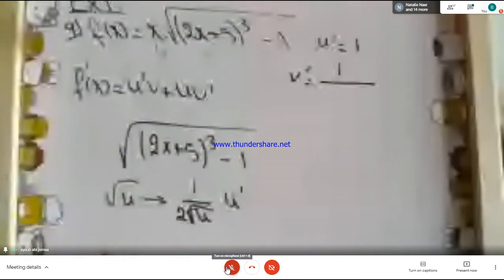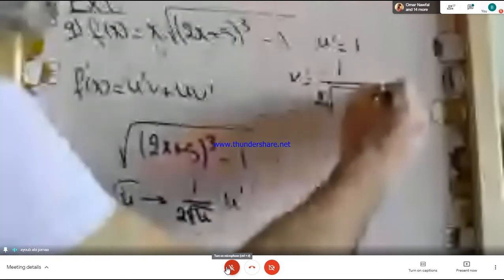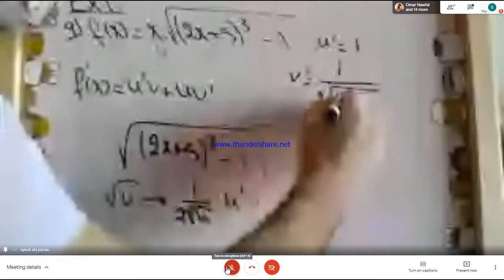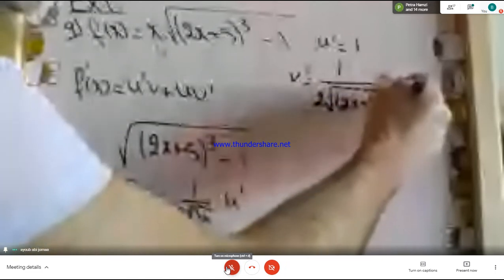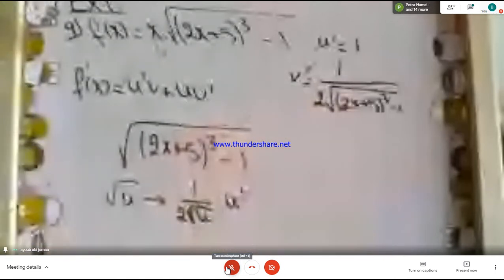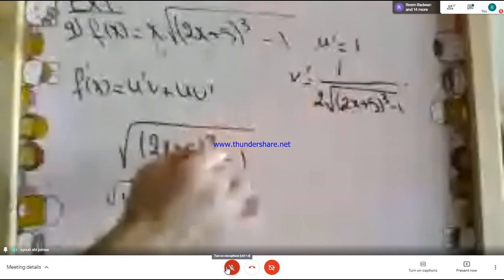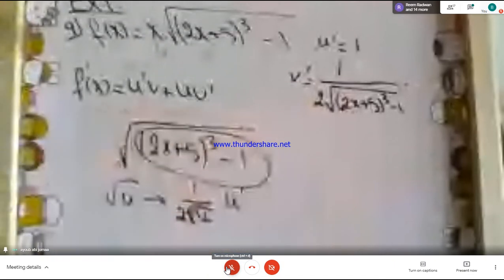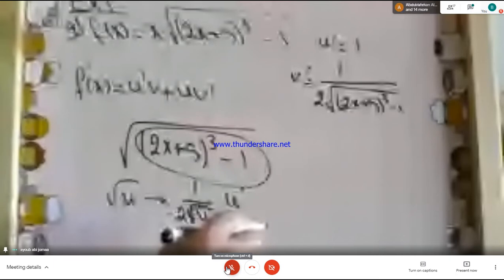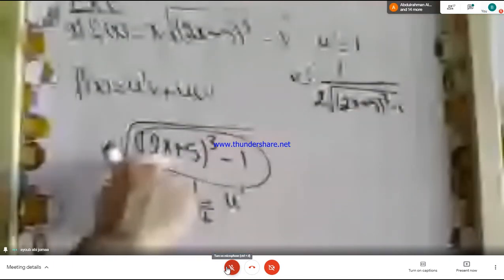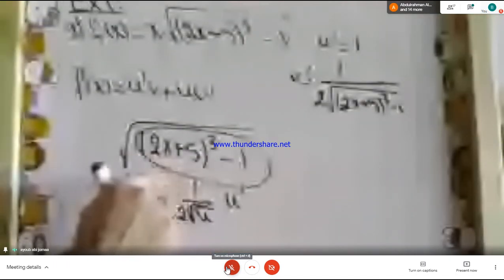So 1 over 2 radical of everything inside, (2x plus 5) to the power 3 minus 1, times what? The derivative of the inside. How do we find the derivative of the inside? The minus 1 goes away. And what about this? All of this together.